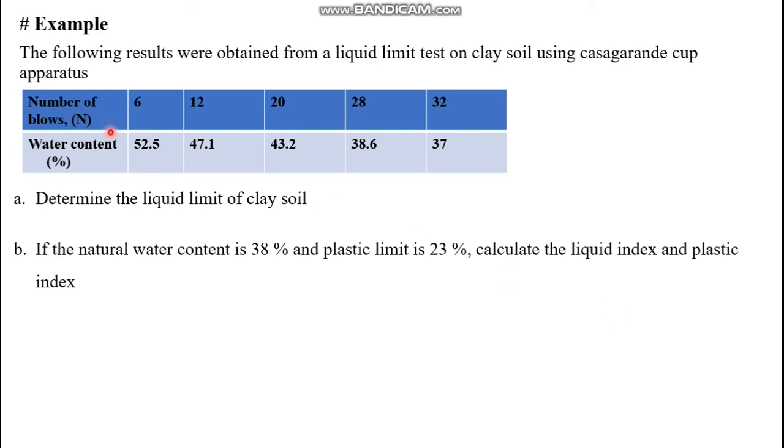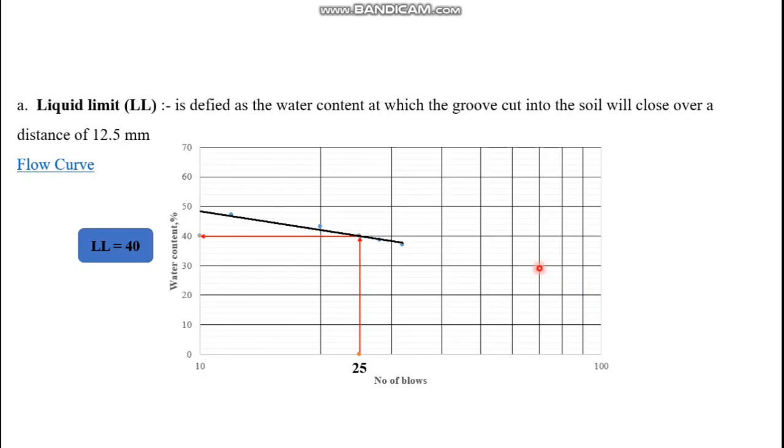So we are given the number of blows and the water content corresponding to each number of blows, and we are required to determine the liquid limit of the clay sample, and also to calculate the liquidity index and plasticity index. You know that the liquid limit is the water content corresponding to 25 blows.